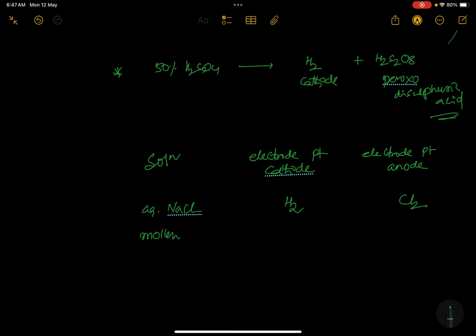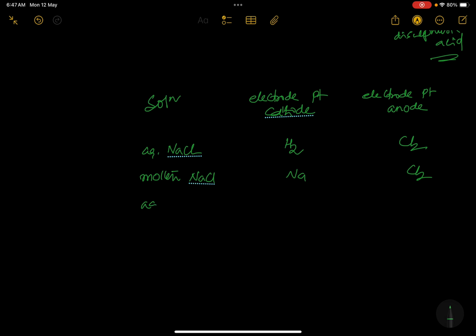Molten NaCl gives sodium and chlorine. Aqueous Na2SO4 gives hydrogen and oxygen. Sulfate always gives oxygen. Molten Na2SO4 also gives sodium and oxygen.